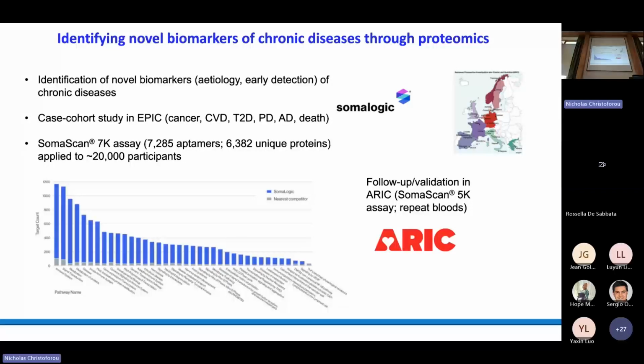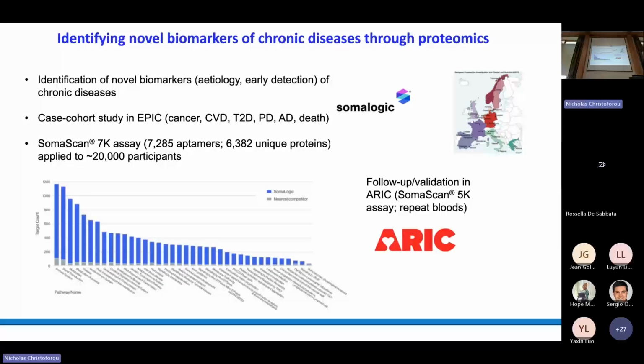And in conjunction with SomaLogic, we applied the SomaScan 7K assay, which measures more than 7,000 aptamers and around 6,300 unique proteins within a single blood sample. Obviously there are other competing technologies, Olink, some of the more mass spec-based approaches.